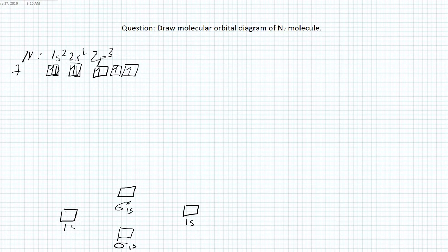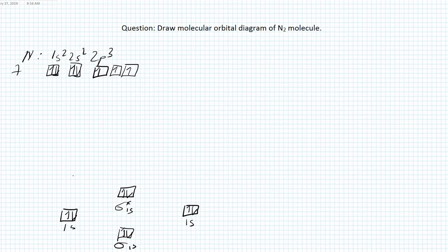We know that 1s orbital has 2 electrons in each nitrogen atom, so if we mix 1s and 1s, we will have 4 electrons, and these have to be distributed to the new molecular orbitals: 2 to bonding molecular orbital, 2 to anti-bonding sigma star 1s molecular orbital.